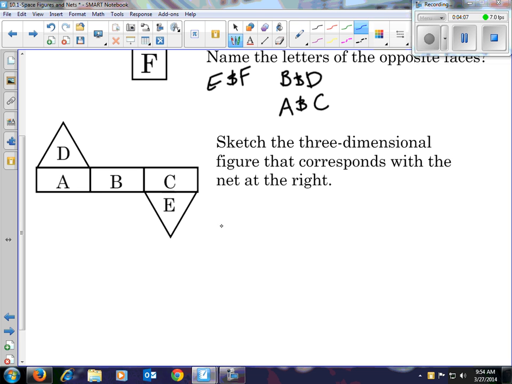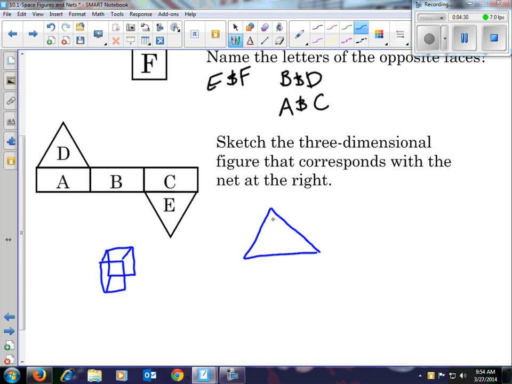So I'm going to start by drawing a triangle, like so. And then I'm going to draw another triangle right underneath it, just like if I were to draw a cube. And most of you have drawn cubes before. You draw the square, and then you draw another square right next to it, so then you can connect all these pieces and make a cube.